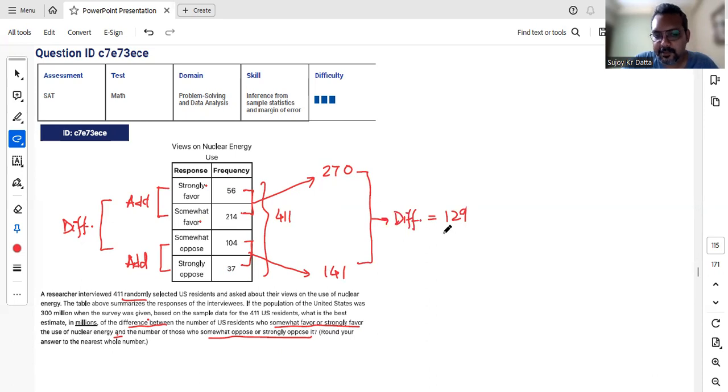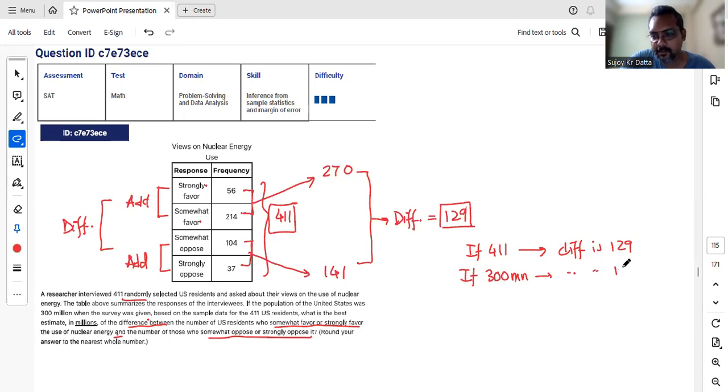So what we now have is if the total is 411, the required answer is 129. So if you have 411, then the difference is 129. So if you have 300 million, your difference will be 129 upon 411 times 300 million.